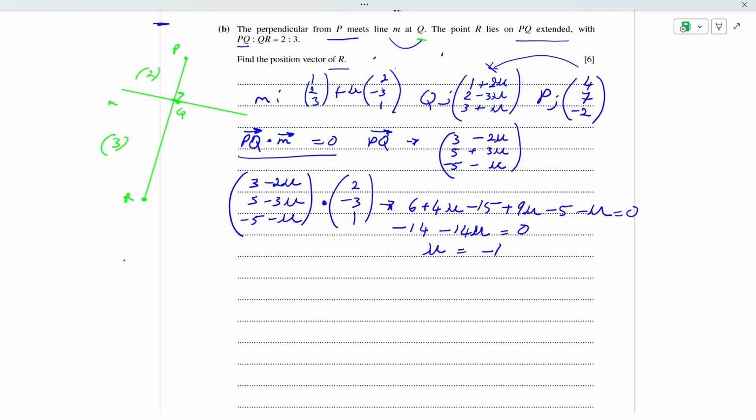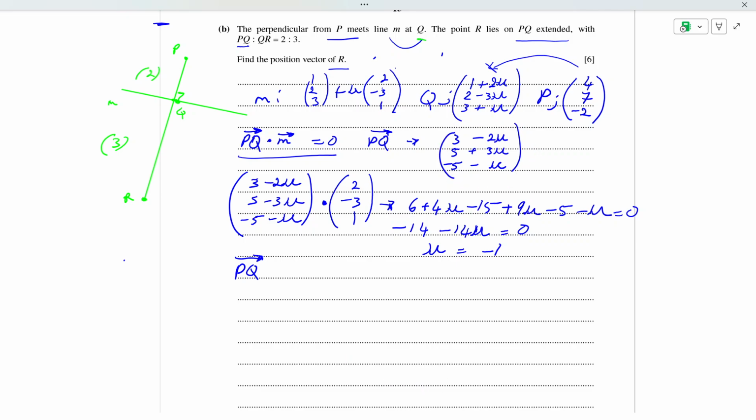What we've essentially found is that for this condition to be satisfied, mu will have to assume the value of -1. So we can find what Q is. In this case, we want the direction PQ, since we just wanted the direction, so we're going to substitute mu into this direction.